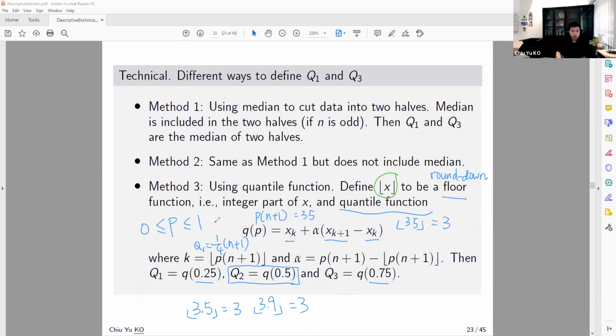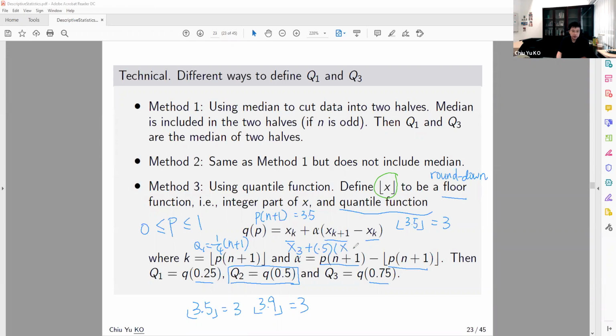That means it gives you x, the third observation. And alpha will be the difference between these two, which is 0.5, because 3.5 minus 3 is 0.5. So we take the integer part out, and take this 0.5.